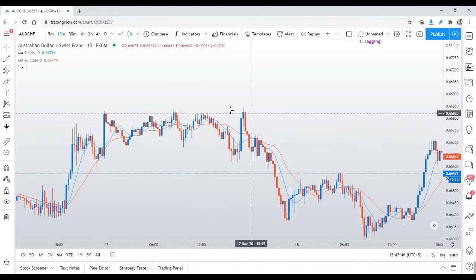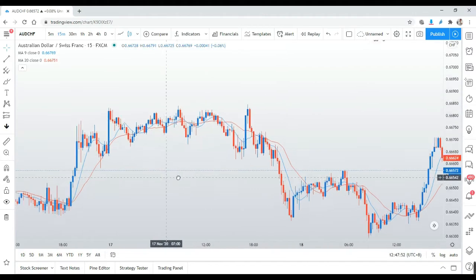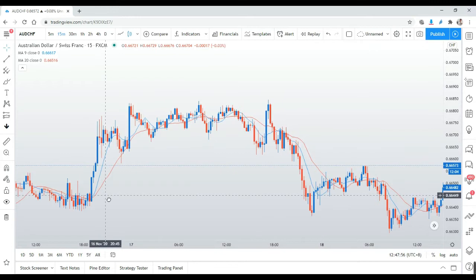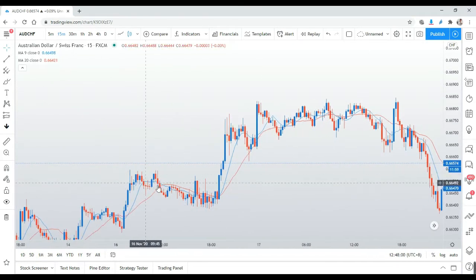This is the big problem, and a lot of traders will lose at this moment. Not only that, sometimes the cross only happens after the price movement. A simple example: you can see the price drop, then only there is a cross.